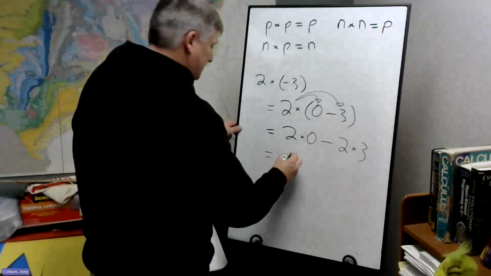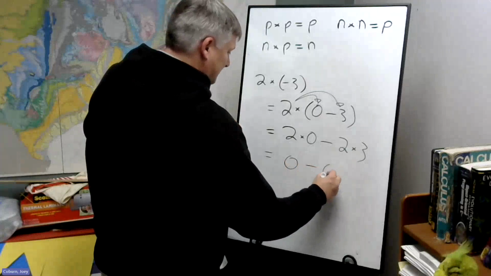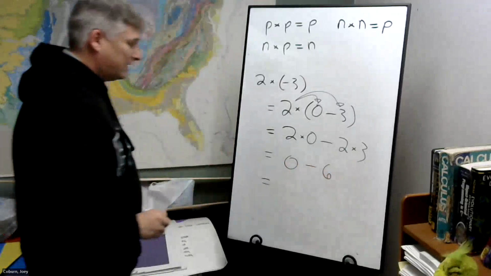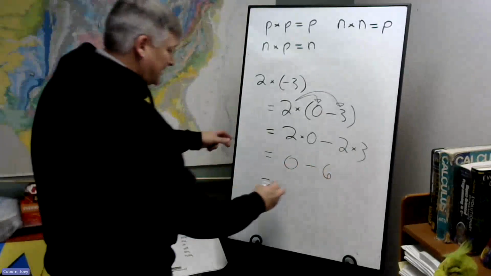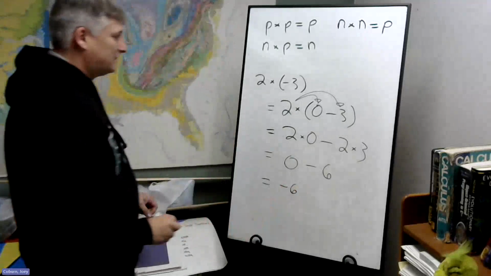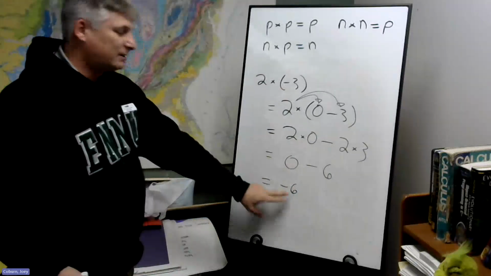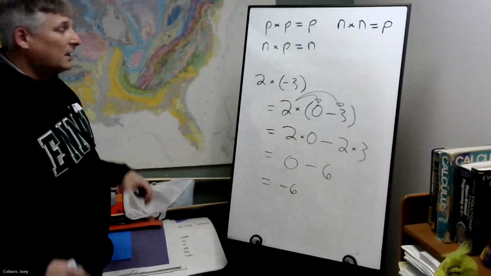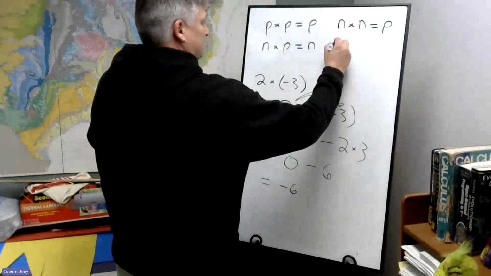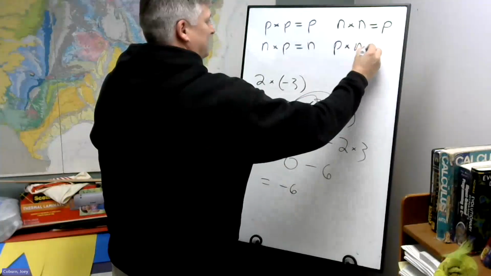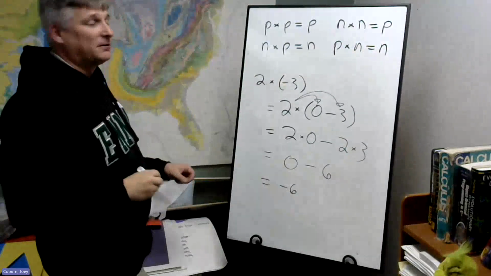Now 2 times 0 is 0, 2 times 3 is 6. And so what do we get? Well, 0 minus 6 is negative 6. So 2 times negative 3 is negative 6. So what this means is positive times negative is negative.